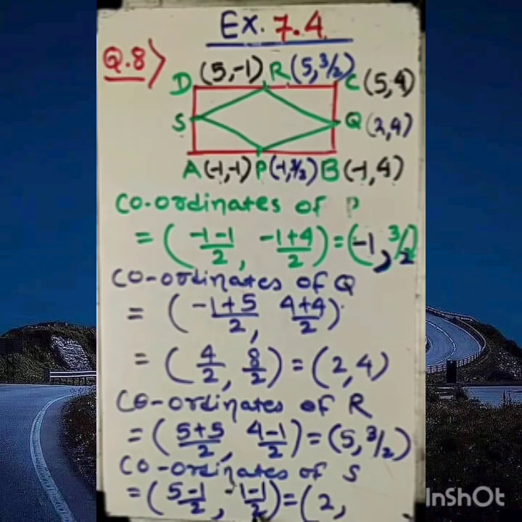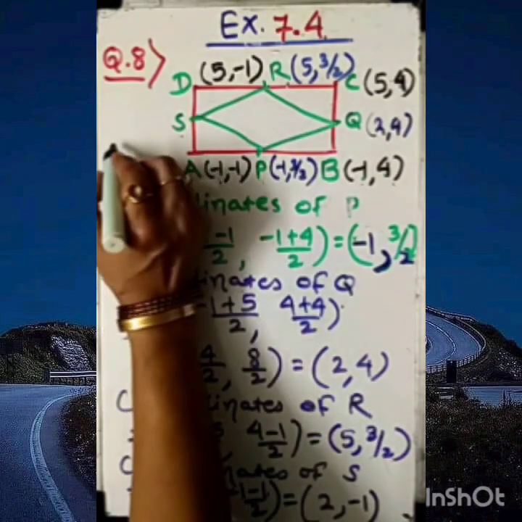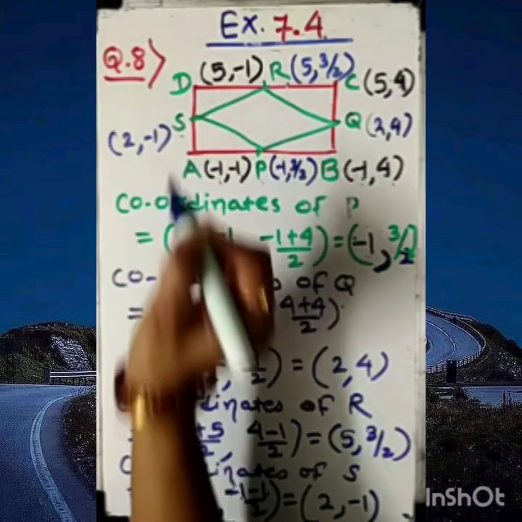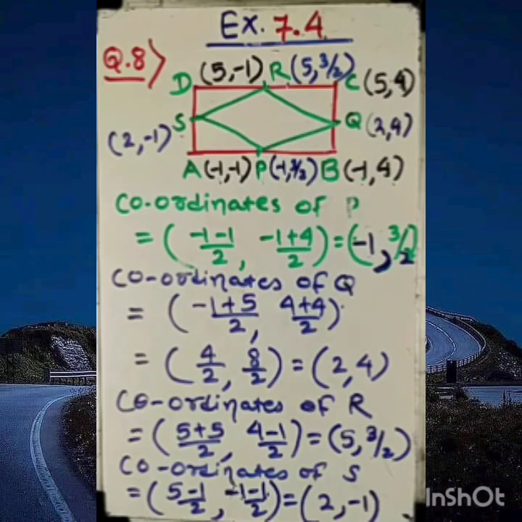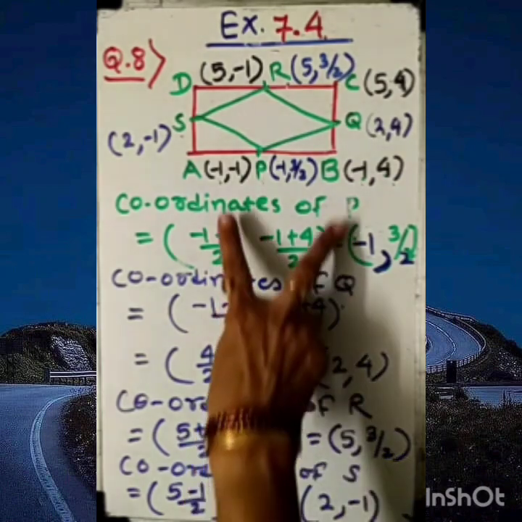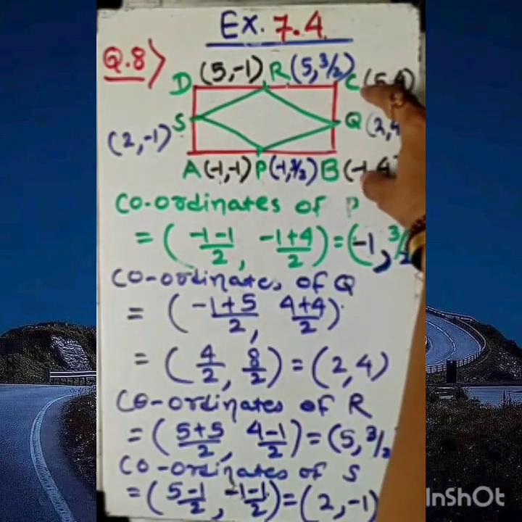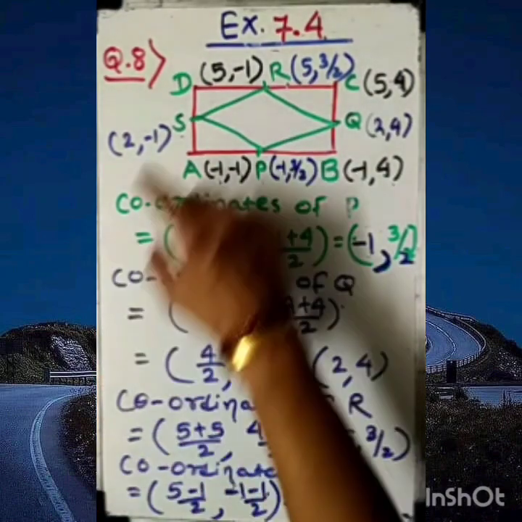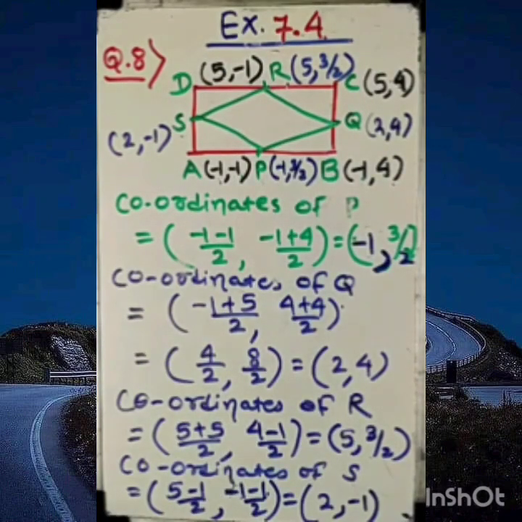And -1 minus 1 is -2, and -2 divided by 2 is -1. So the coordinates of point S are (2, -1). So finally, successfully, we got the coordinates of the midpoints: midpoint of AB, midpoint of BC, midpoint of CD, and of course the midpoint of AD.